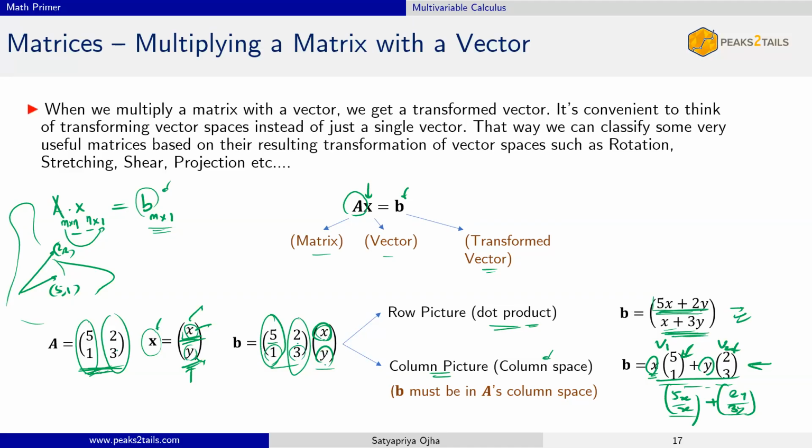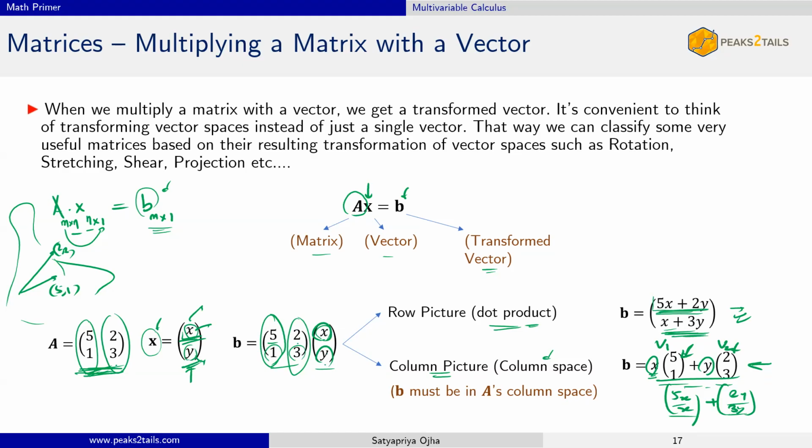That's the two-dimensional space that is spanned by these two vectors. And B is a linear combination of these two vectors, so B will be in the column space of A. It will not be outside of the column space of A. This is a powerful result. Makes sense? So whenever you multiply this matrix with any vector, the resulting vector will always be in the column space of A.